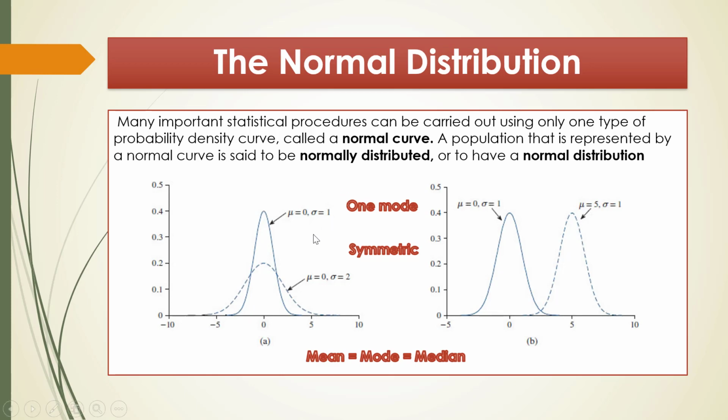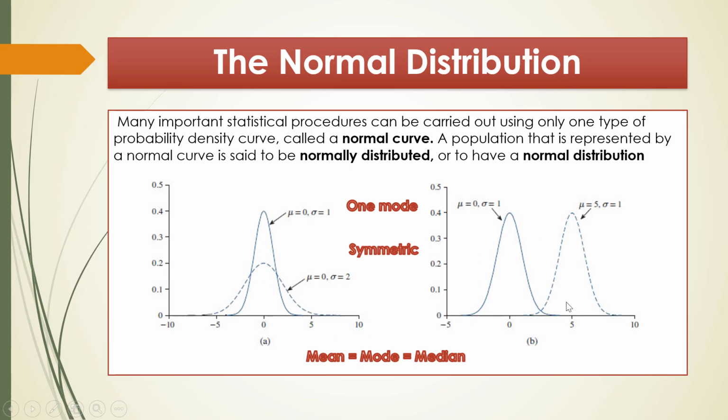Sigma is the parameter that tells how widely the curve spreads. So here you see that if sigma is large, the curves tend to be flat. If sigma is small, the curves tend to be tall.